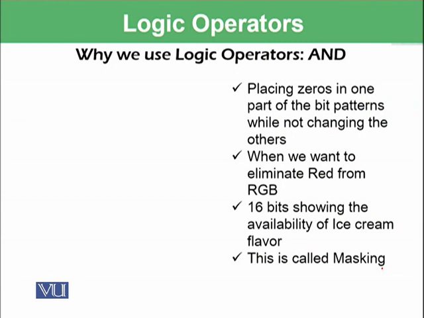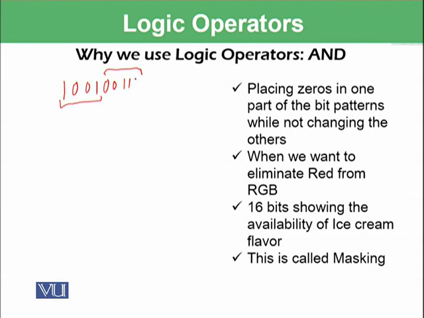For example, there is a situation where you want to place zeros in one part of the bit pattern while not changing the others. Say you have a bit pattern like 1 0 0 1 0 0 1 1 0, and you want to place zeros in these 4 bits while you don't want to change the other 4.